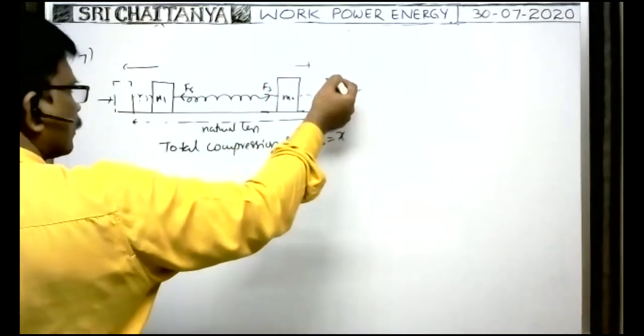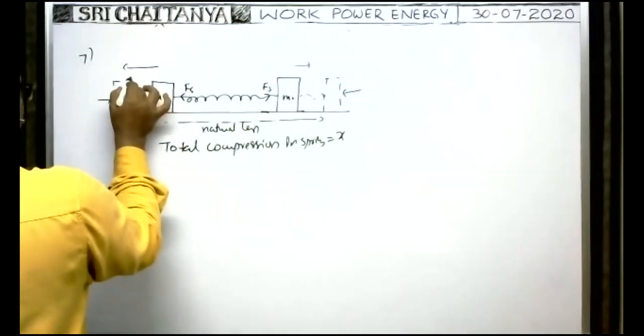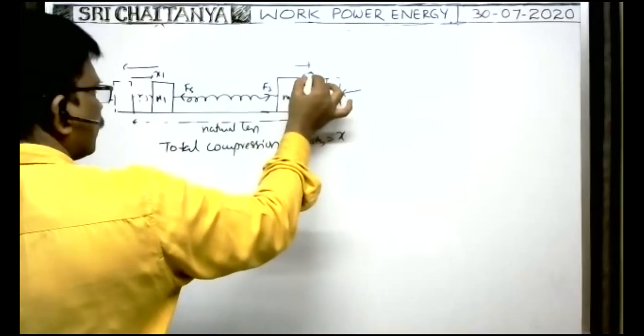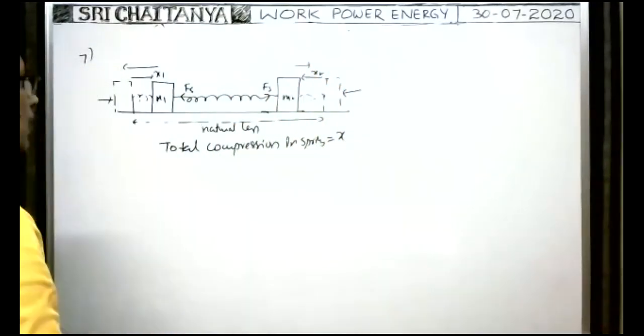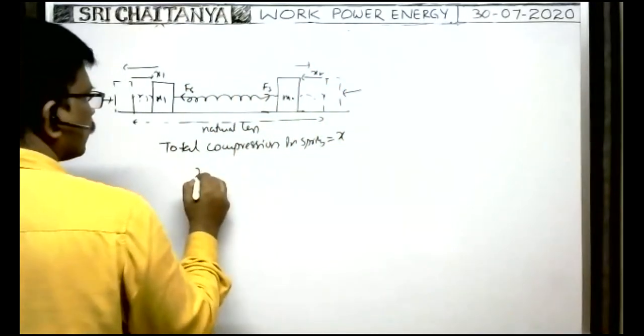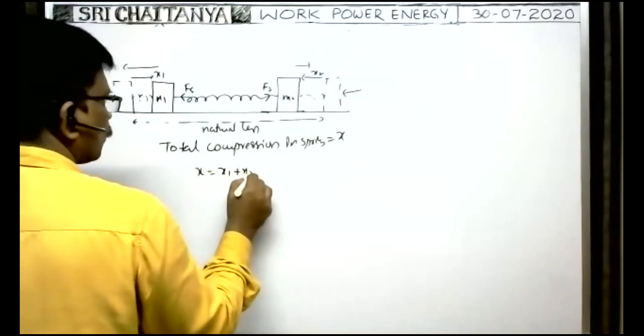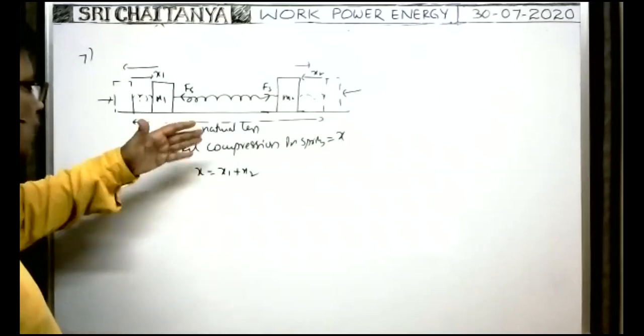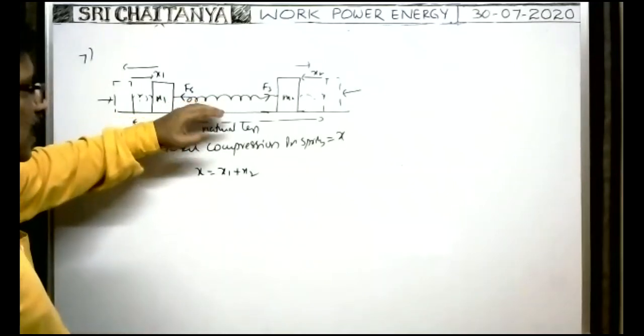But whenever the two blocks are displaced, suppose this block is displaced by a length x1 and this block by a length x2, then the total compression of the spring becomes x equal to x1 plus x2.